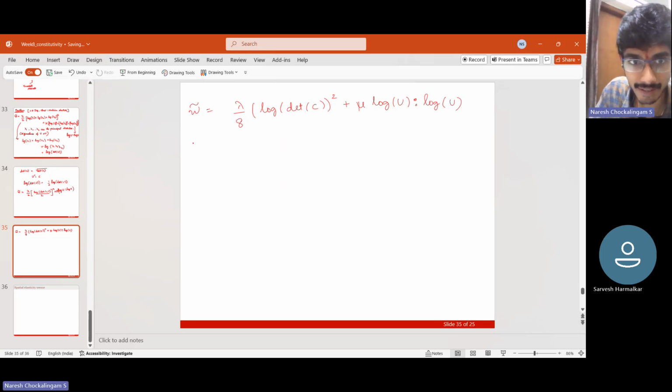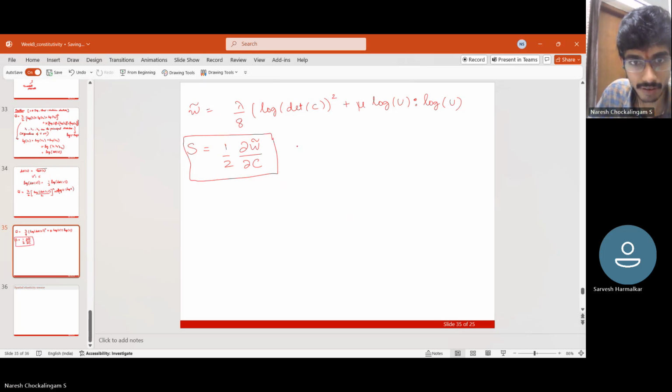To derive S, S is nothing but half of the derivative of W with respect to C. So S and E are work conjugate. This is the hyperelastic relationship.